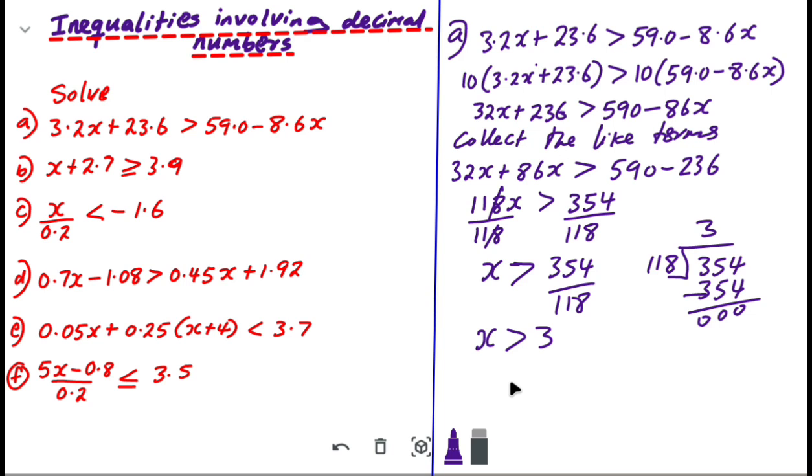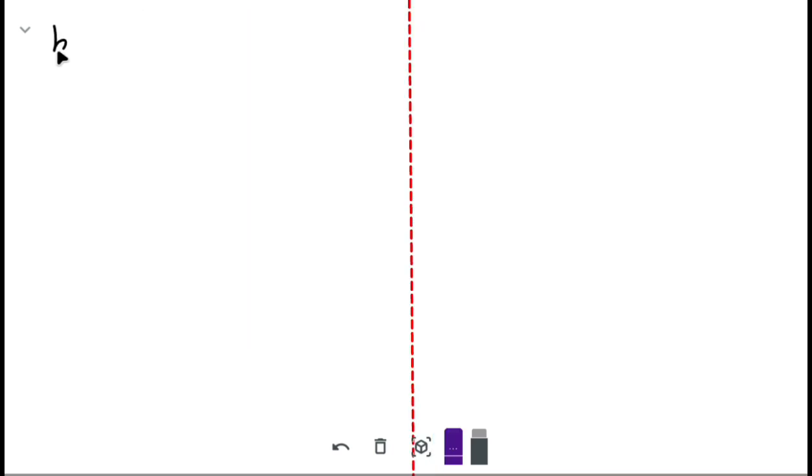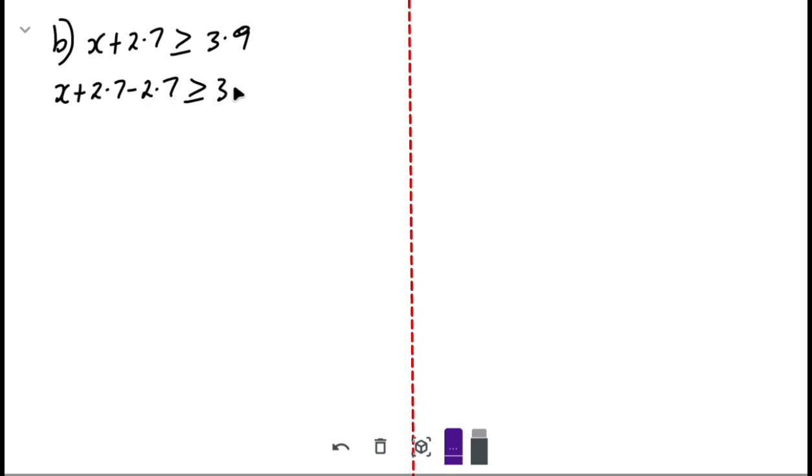So let's continue with the second question. The second question says we should evaluate x plus 2.7 greater than or equal to 3.9. To evaluate this question, we can either subtract 2.7 from both sides or we just collect the like terms. So we have x plus 2.7 minus 2.7 greater than or equal to 3.9 minus 2.7.